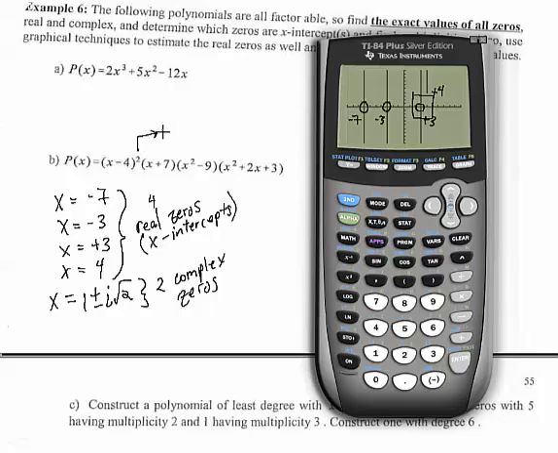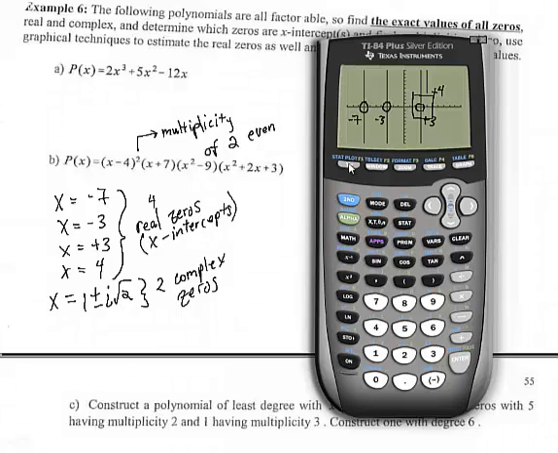This exponent indicates multiplicity of 2, which is even. So that's the sort of behavior that we expect, just to simply touch the x-axis, not to actually cross it.